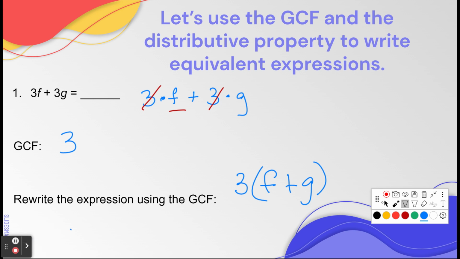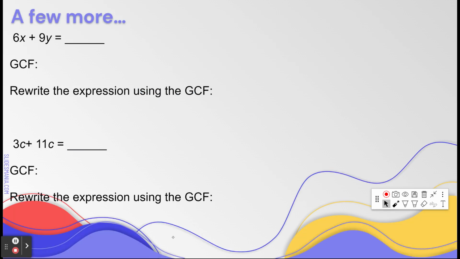Let's go to the next slide. Here we have 6x plus 9y. We need to find the greatest common factor. So if we want to factor them out first, we did factor them the other day.